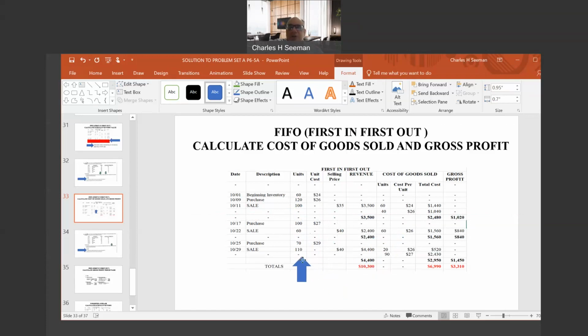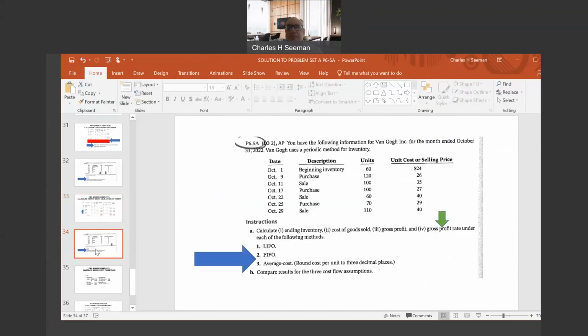Then on 10-29, we sold 110 units. The remaining 20 units of the 10-9 purchase are used, plus 90 units of the 10-17 purchase are used. Now we're going to do gross profit percentage.